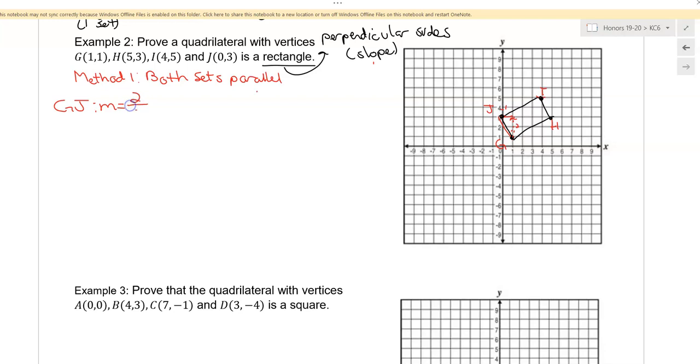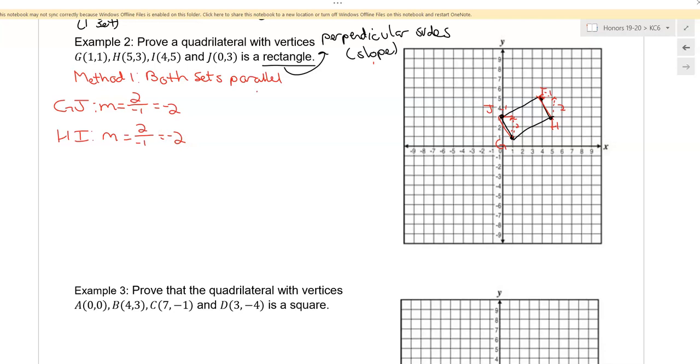So that's 2 over negative 1, which is negative 2. Then I'm going to go to our opposite side, H to I. Oh, good. It also goes up 2, left 1. And it's also negative 2.